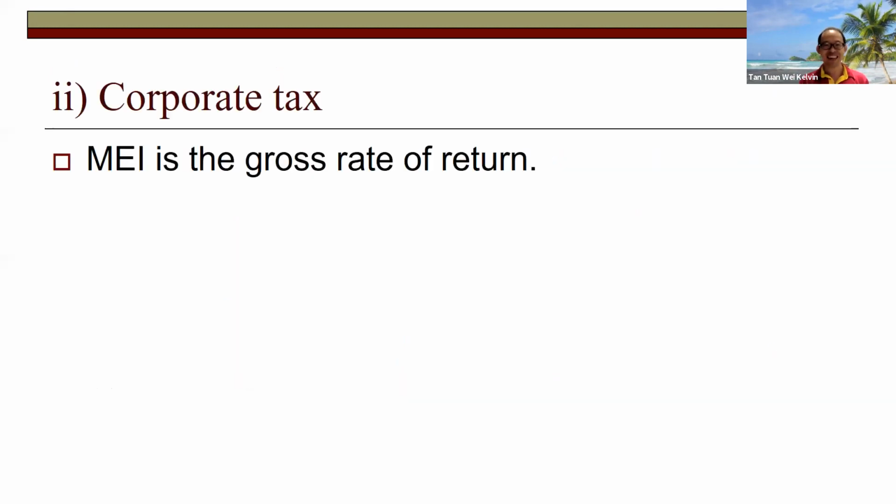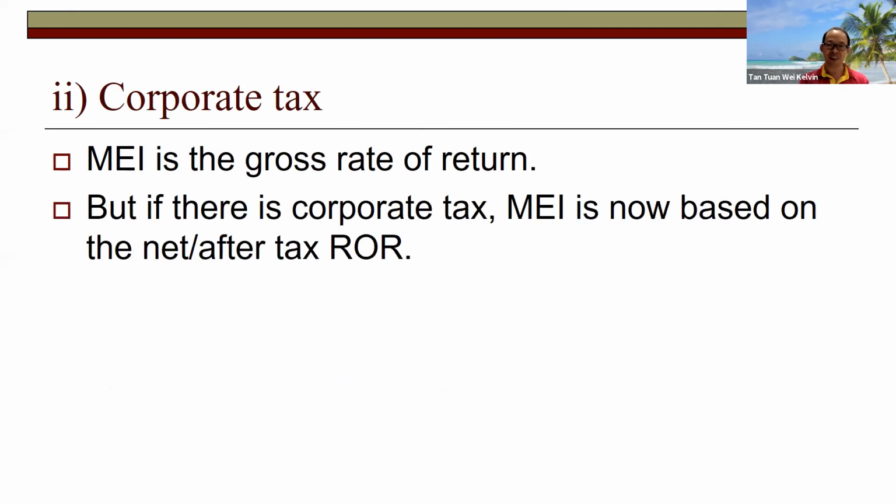Corporate tax. Now, MEI is actually the gross rate of return. However, if there's corporate tax, firms don't just look at the gross rate of return. The key MEI is now based on the after tax, or what I call the net rate of return. So there's a difference in gross and net. Net is after tax.